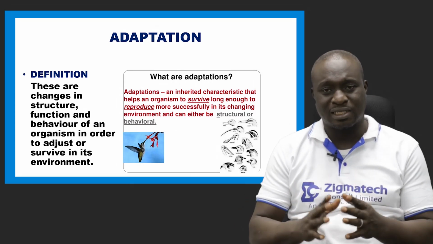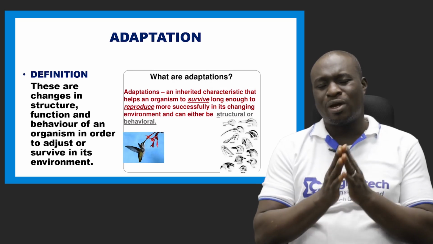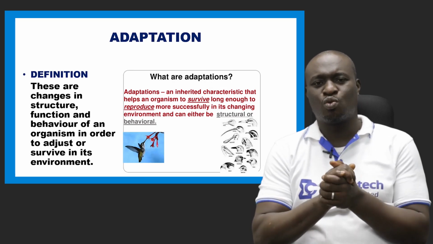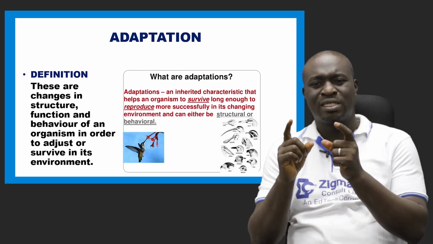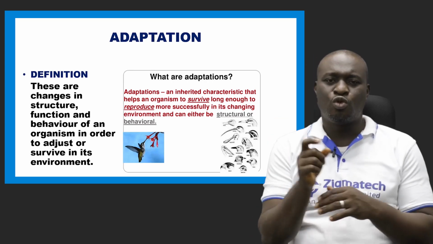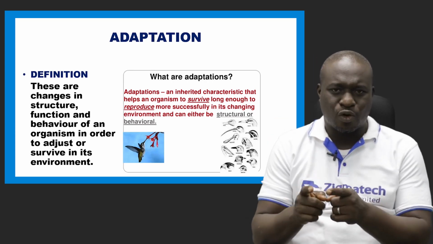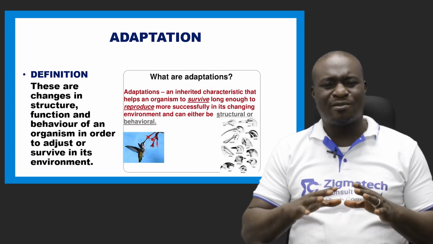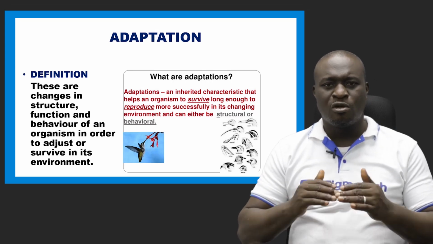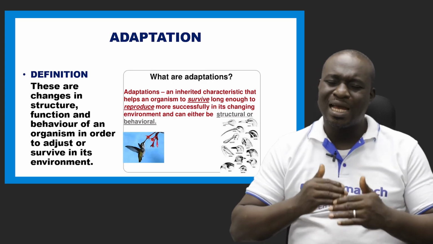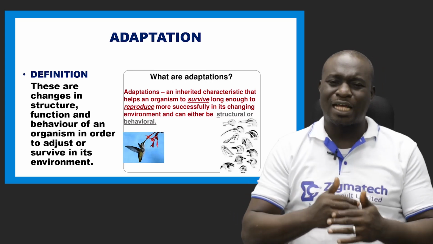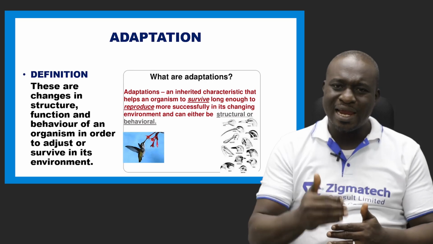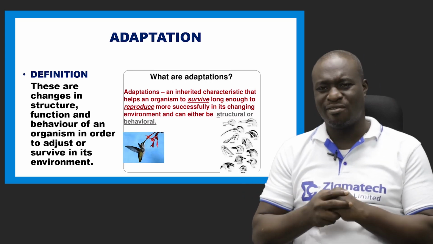So in other words, when we are looking at adaptation, we're actually looking at the environment, the response of these organisms, and the features available for the organism to adjust and survive in that particular environment.